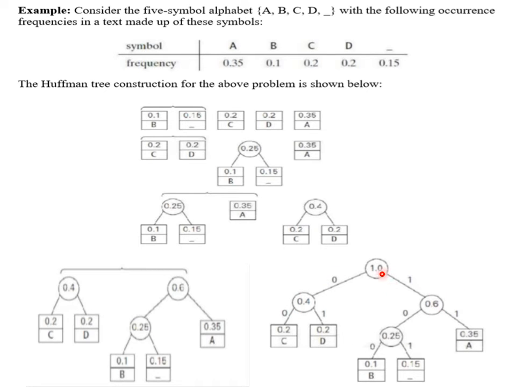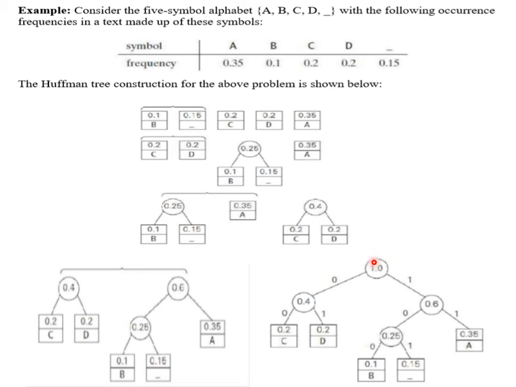Now what we have to do is label each left edge with 0 and each right edge with 1. So the left of the root, 1.0 to 0.4, is equal to 0, right? For the 0.4 node, the left is C, equal to 0, and the right is D, so from here the right child is equal to 1.